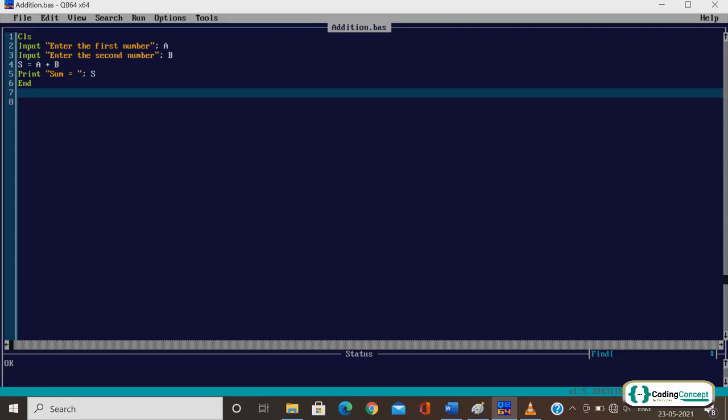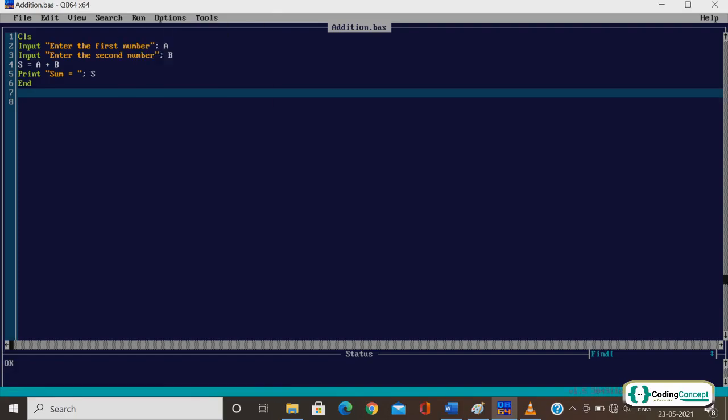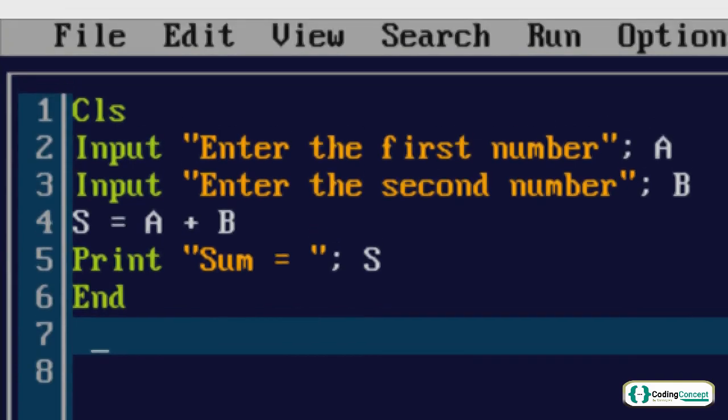Whenever we click on this run option, I am showing you by zooming in a little bit. Yeah, that's okay. Whenever we click on this run option, that means we execute the program, and the instructions will be given to the computer.